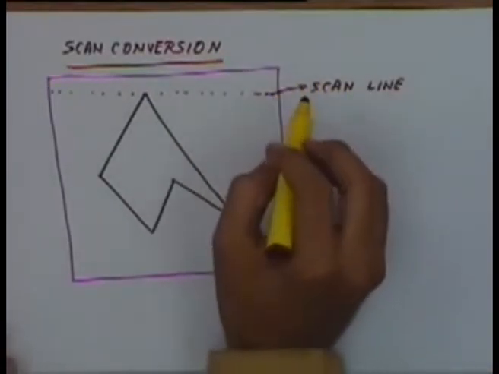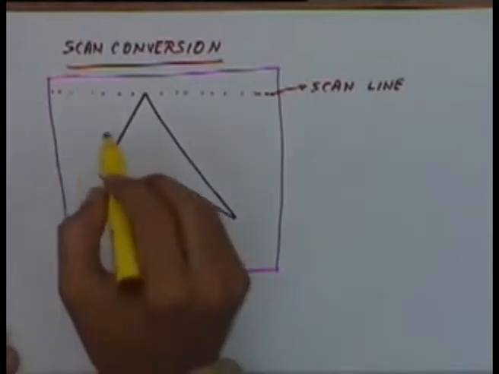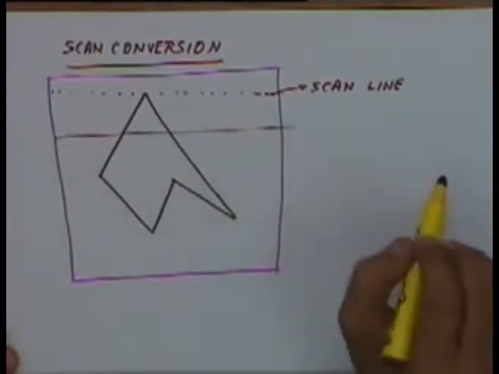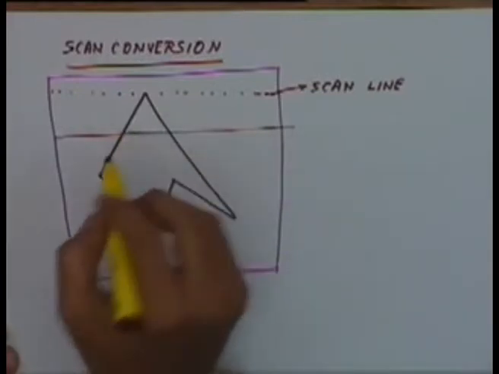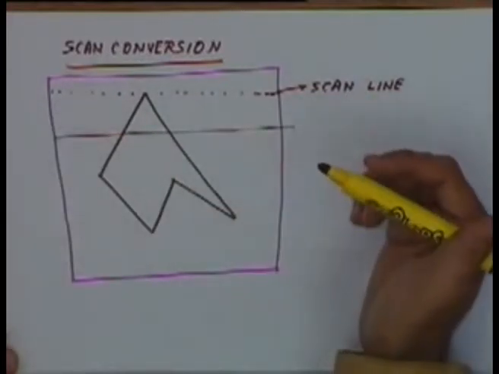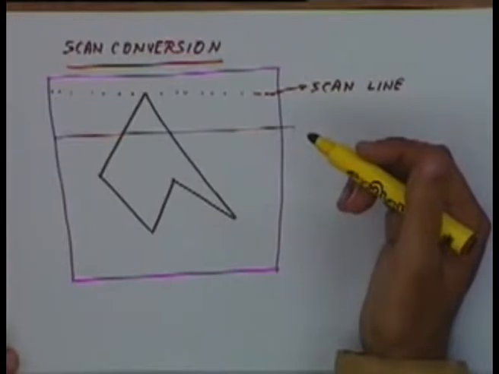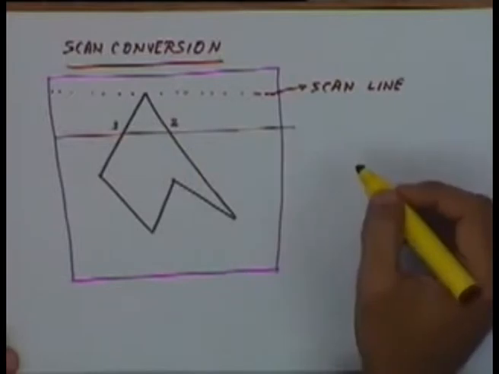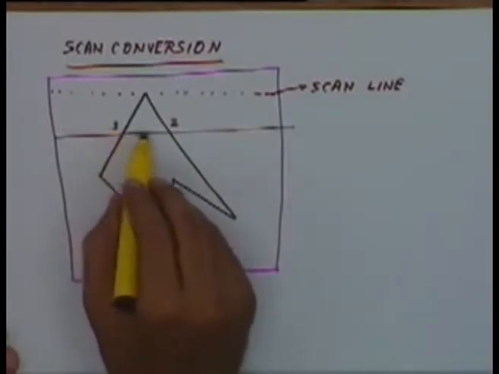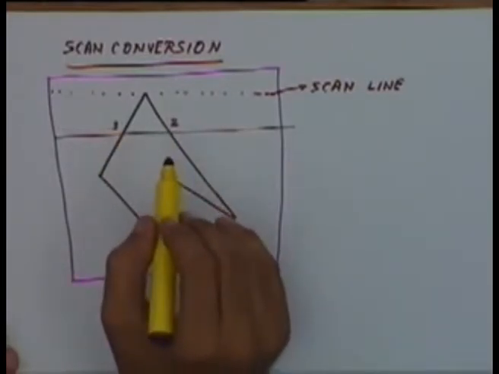So, our job would now be that if we are talking of a particular scan line, let us say we are talking of this scan line, in this scan line we have to find out which pixels or which sequence of pixels are going to be displayed. In this case, we consider this point 1 and point 2. All pixels from point 1 to point 2 will be displayed.